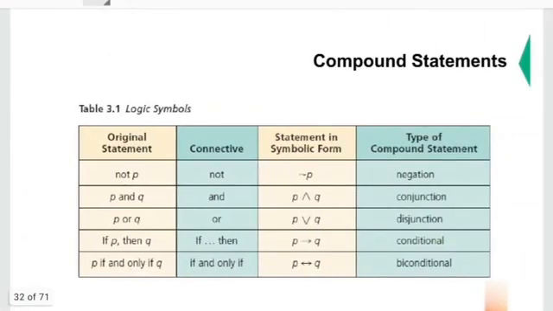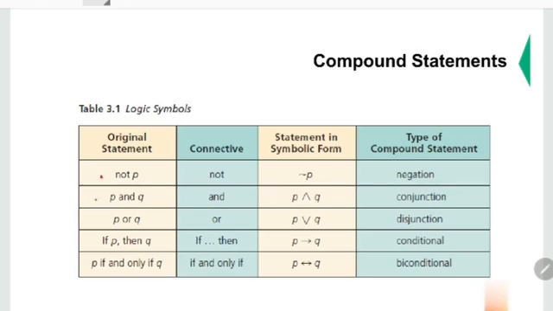Okay, now we're going to give our compound statements symbols, or we will turn them into symbolic statements so that we can perform or construct a truth table about them. So for example, these are your original statements.